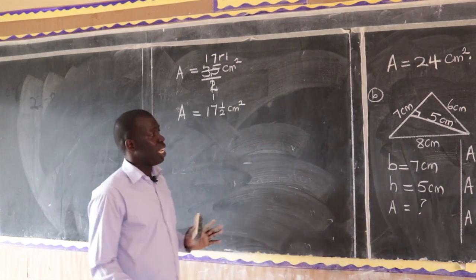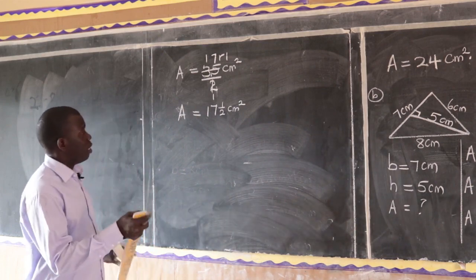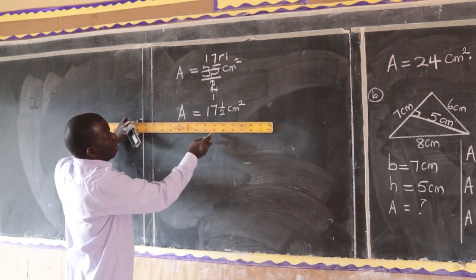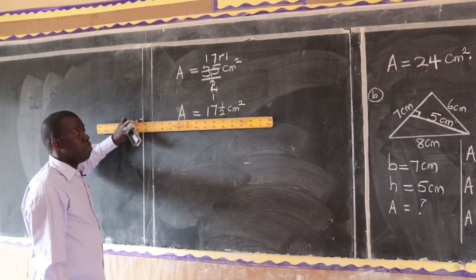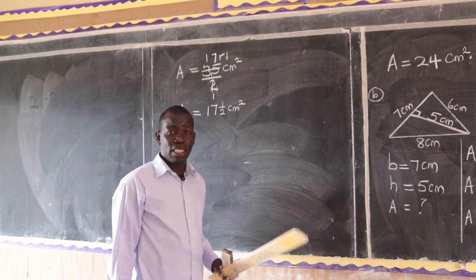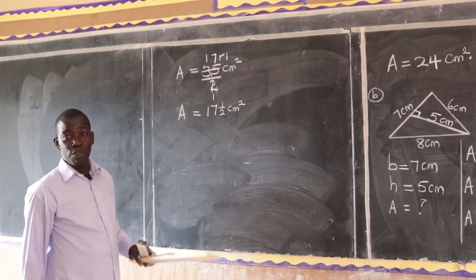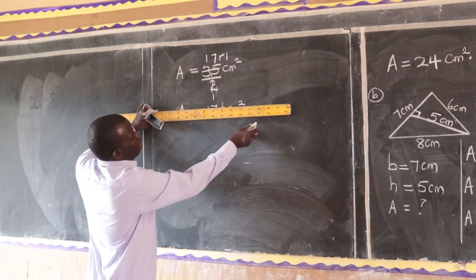Please study the questions always before you attempt them. So there we are. Some children can go ahead and say 17.5, because when you express a half as a decimal, you get 0.5. You can put it as 17.5 or you leave it there.